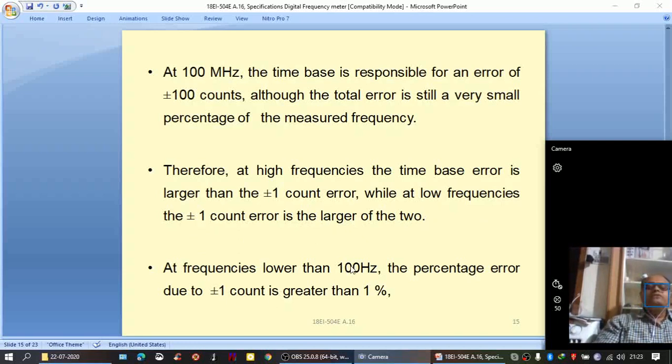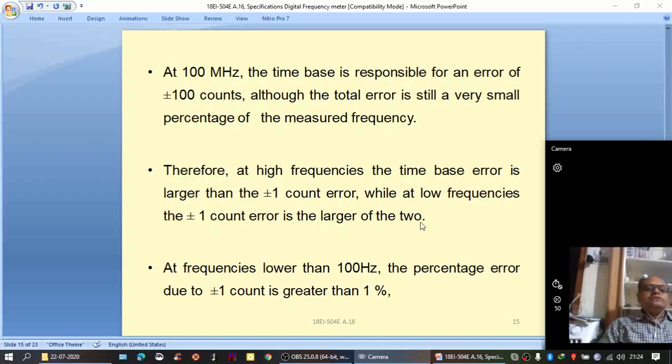At frequencies lower than 100 Hz, the percentage error due to plus or minus 1 count would be even greater than 1%. So at lower frequencies, the measurement error would be high because there is a fixed plus or minus 1 LSD error associated with a digital counter.